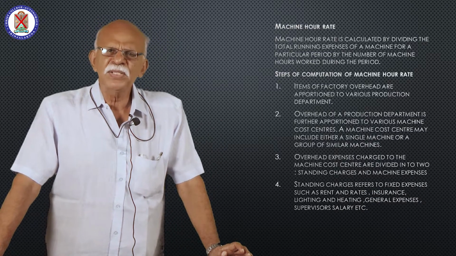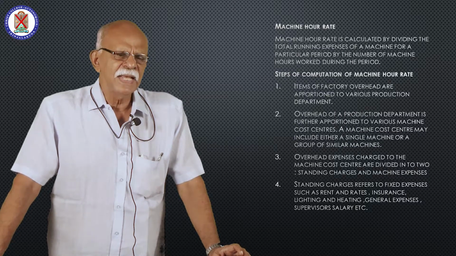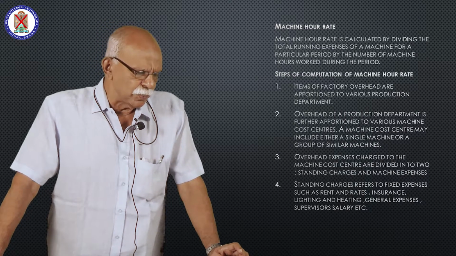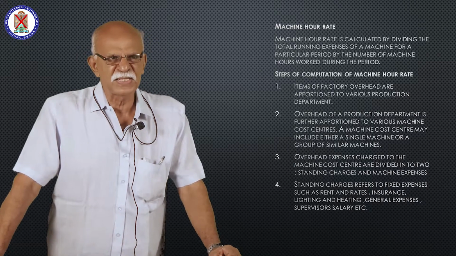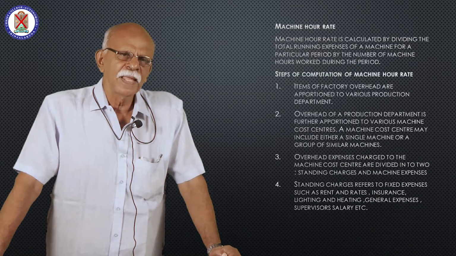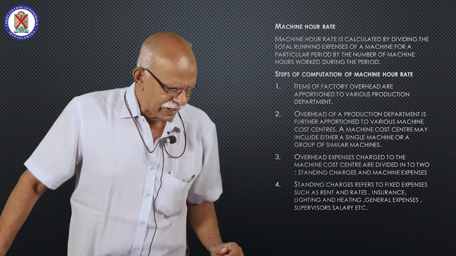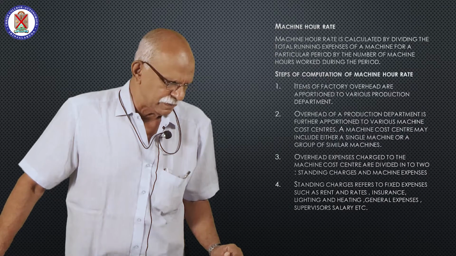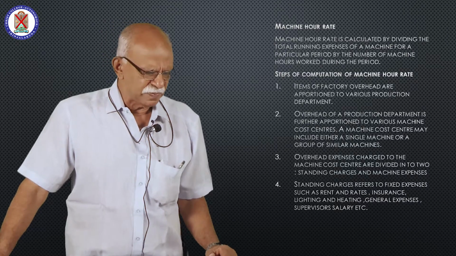Then the overhead expenses charged to machine centers can be divided into 2. One is standing charges, also called fixed expenses, and the other is machine expenses, called variable expenses. What do you mean by standing charges or fixed expenses?